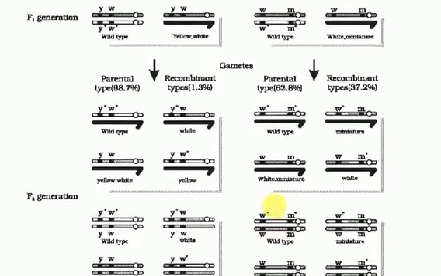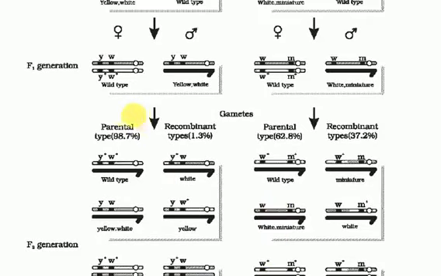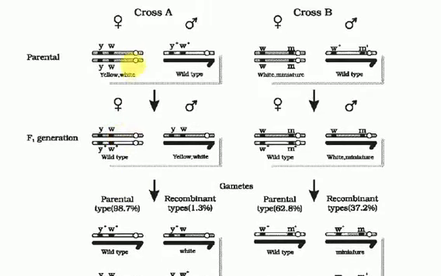Okay, that is because of the linkage. For example, in this case more is the linkage, less will be the recombination, and less will be the recombination, the recombinant type were very few, and in this case the linkage was less, so the recombination is more. That's why the recombinant type of individuals in that progeny were 37.2%.